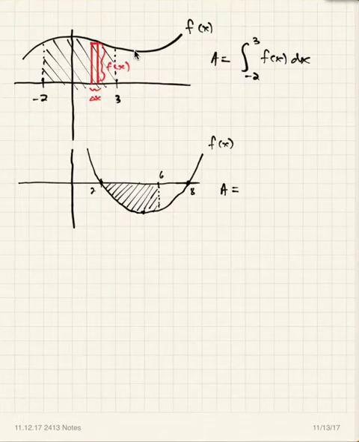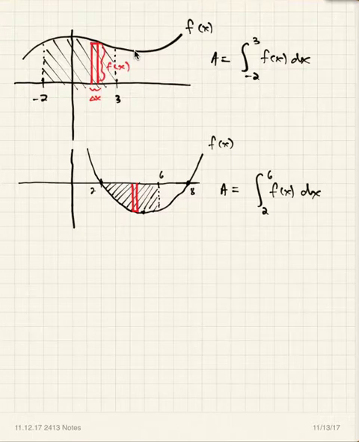Now, what's the problem here? If you look at an approximating rectangle, it is down below the x-axis, and that function value is negative there. And so this integral would give us the wrong sign on our area. So if we're going to look at the area of this shaded region right here, we would write the integral from 2 to 6 of our function f of x dx.